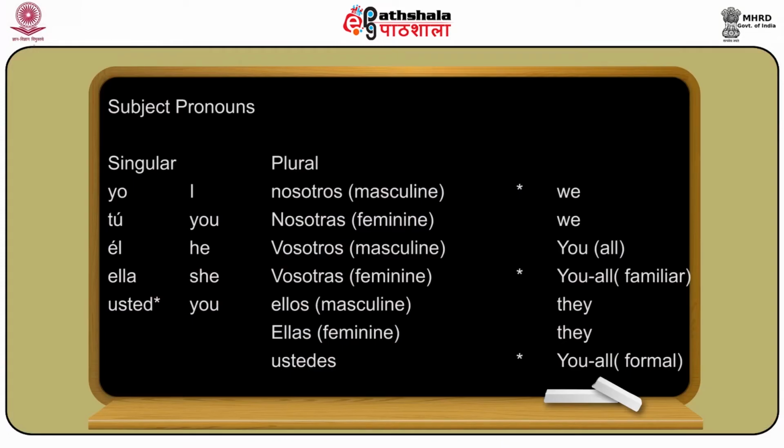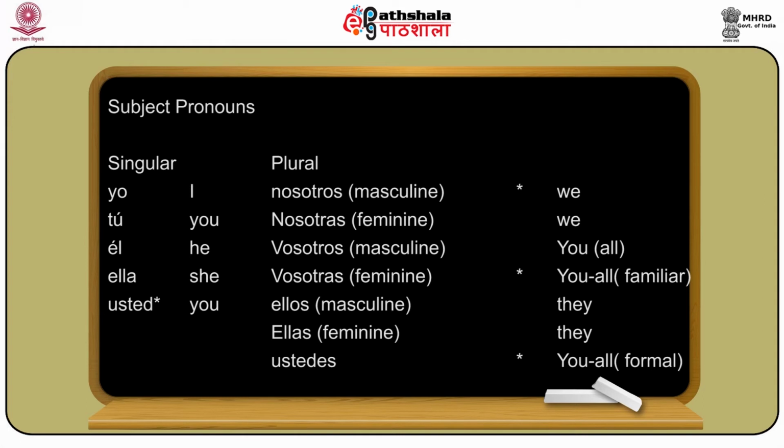Now, as you have seen above in the examples, after having seen the basic greetings in Spanish, let's talk about the subject pronouns. The subject pronoun is a personal pronoun such as I, you, he, she, we, and they, etc. It carries out the action expressed by the verb.